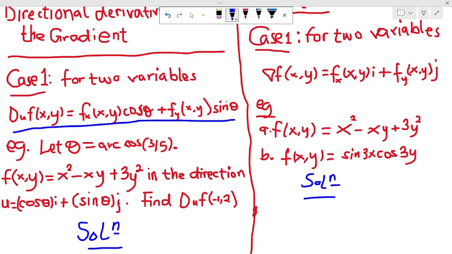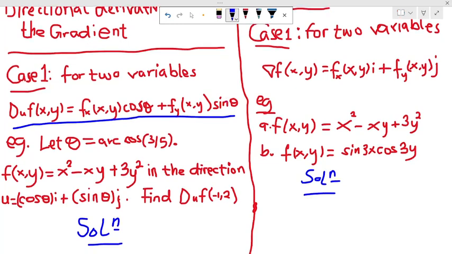With the first example, we have a function f of xy, and our function is defined as x squared minus xy plus 3y squared. Now our theta was defined as the arc cos of 3 on 5.